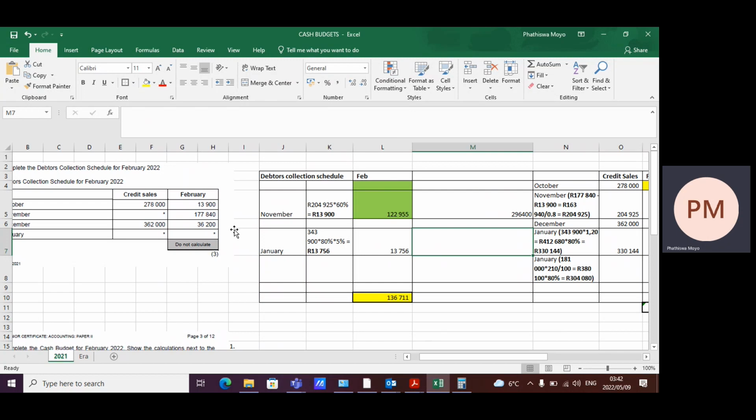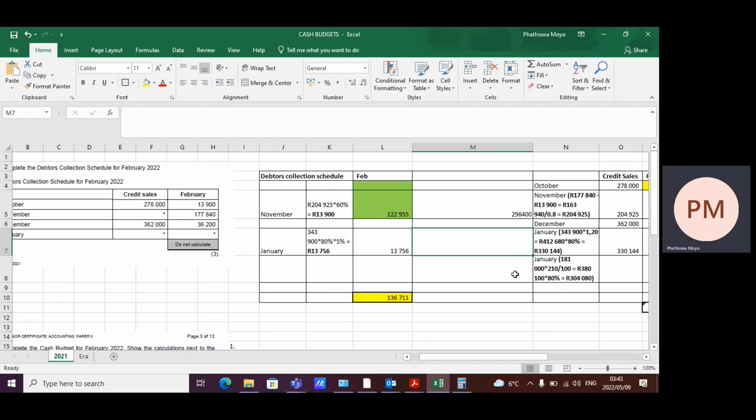So going back to the principle, that 5% of this figure would have been collected in February, which is what they put there.